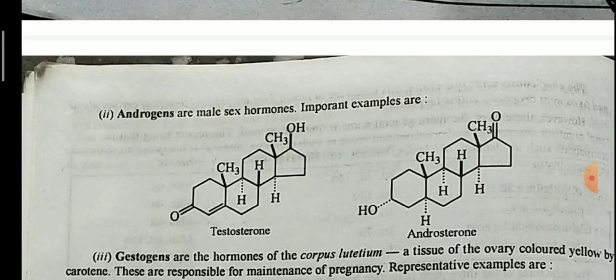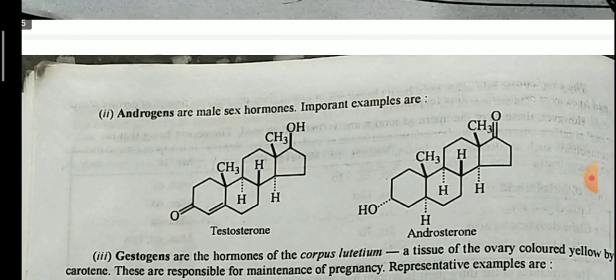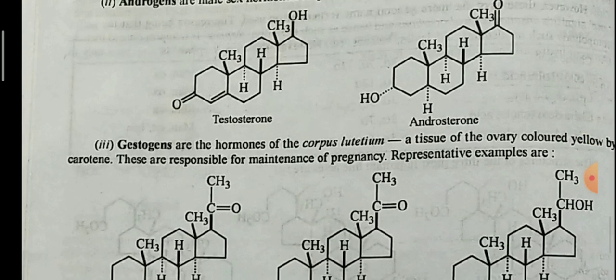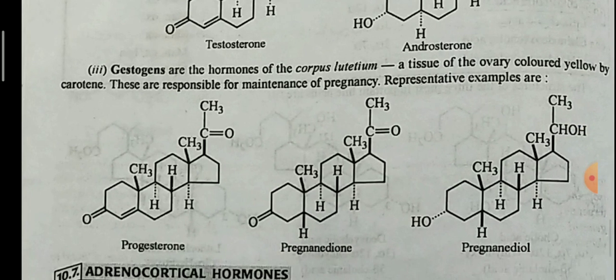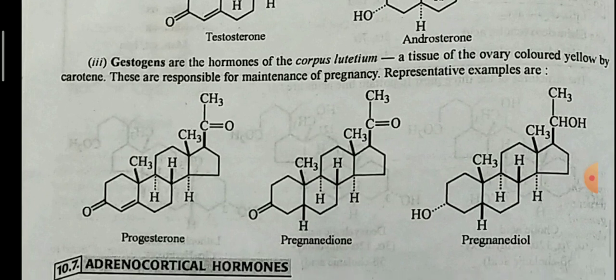Important examples are testosterone and androsterone. Gestogens are the hormones of the corpus luteum, a tissue of the ovary colored yellow by carotene. These are responsible for maintenance of pregnancy. Representative examples are progesterone and pregnanediol.